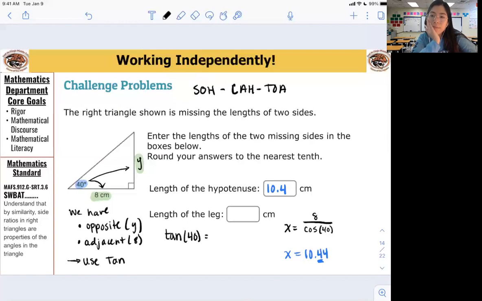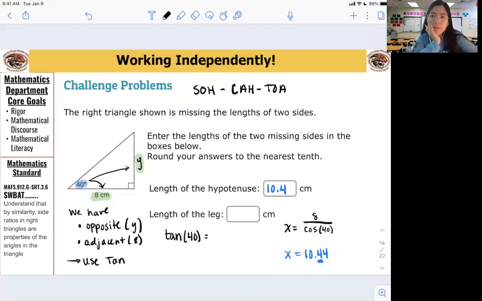Tangent of 40, what would it be based on my triangle? Let me help you out. Y is on top. No, Daniel, that's not what I'm asking. I'm asking you, based on my triangle, what is the ratio that makes the tangent of 40?